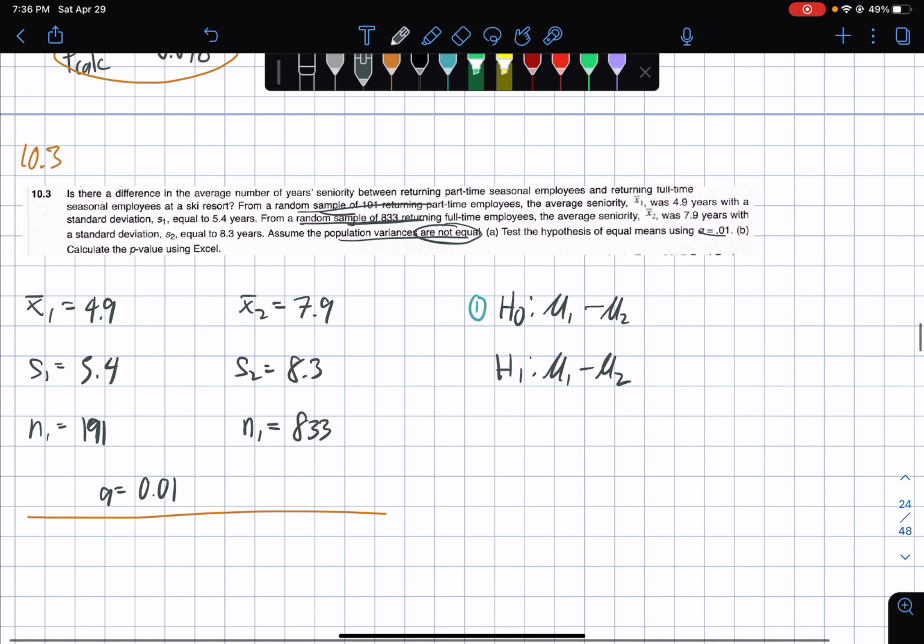So test the hypothesis. Is there a difference there? In the first sentence, it's stated, is there a difference in the number? So again, the word difference may suggest that this is a two-tailed test. Is there any significant difference?